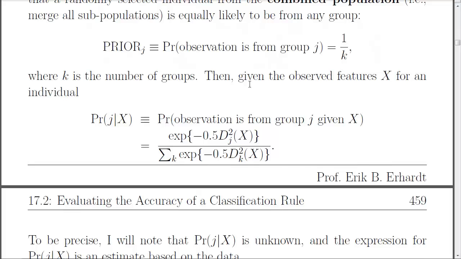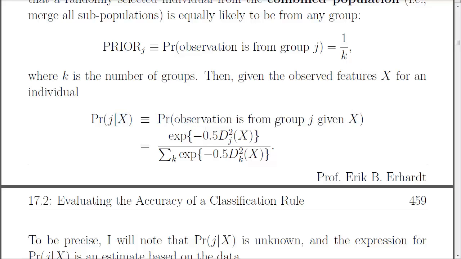So given the observed features X, so you take that new iris and you measure the petal length and width, the sepal length and width, and that's our X vector for that flower, then what's the probability of belonging to group j, so group 1 would be Setosa, 2 is virginica, and so on, given the measurements we took on that iris? So that's what this says in long format.